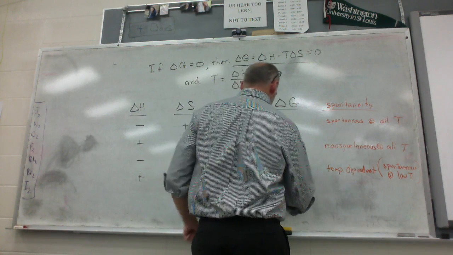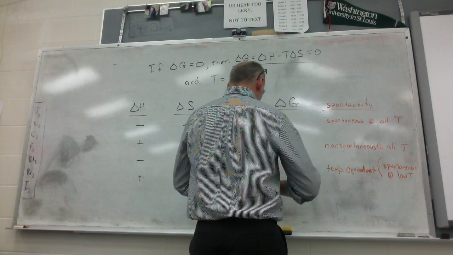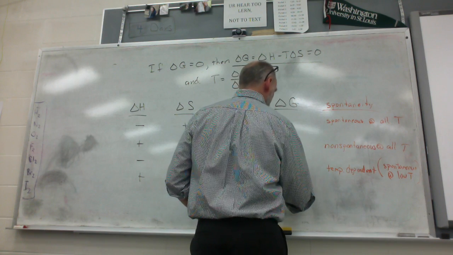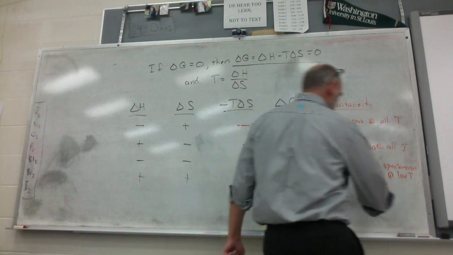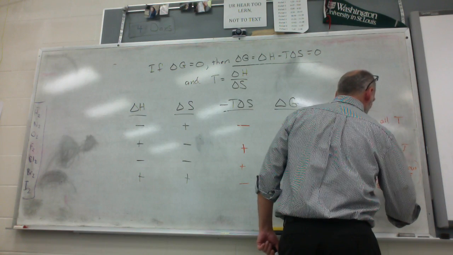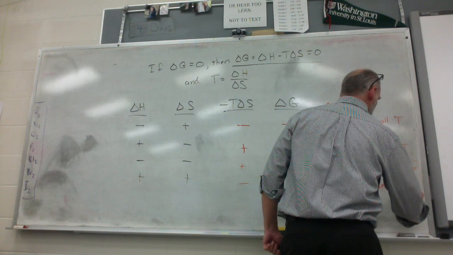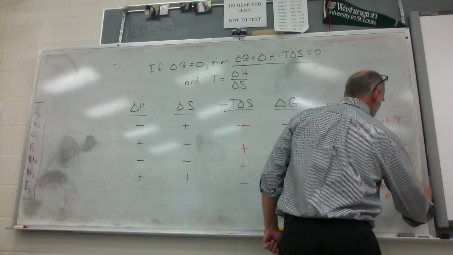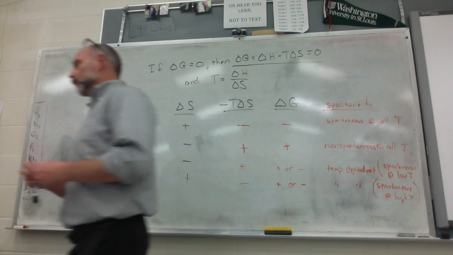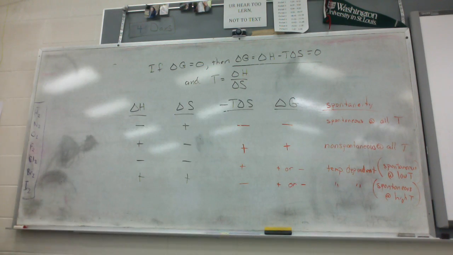So once again, we're going to have either positive or negative, and the spontaneity is going to be temperature dependent once again, except now it's going to be spontaneous at high temperatures. So the higher the temperature, the more likelihood that it's going to be a spontaneous process.